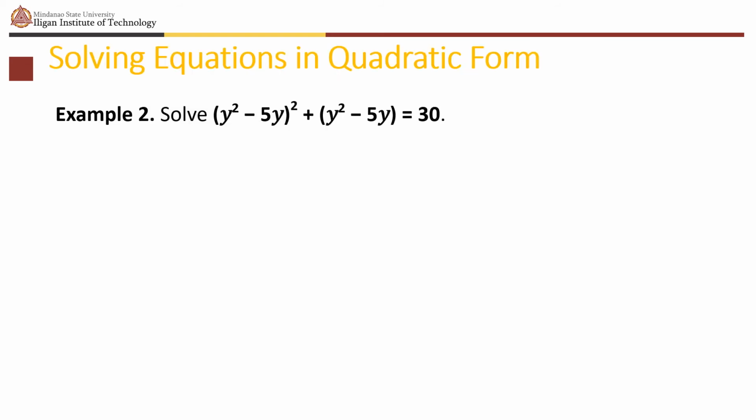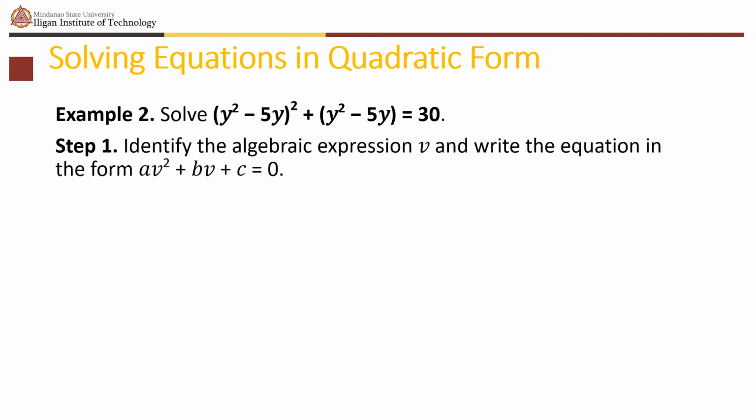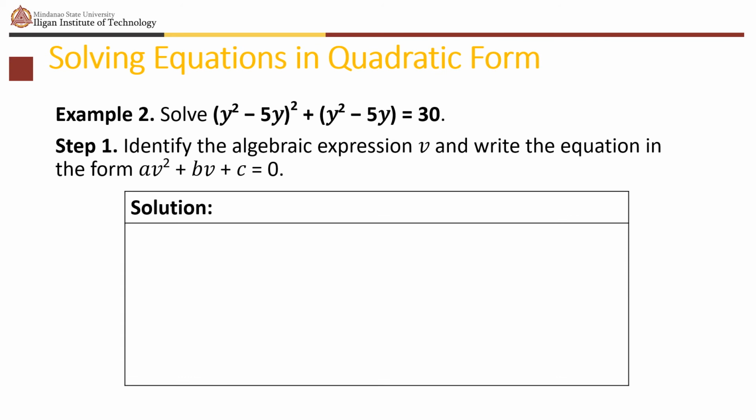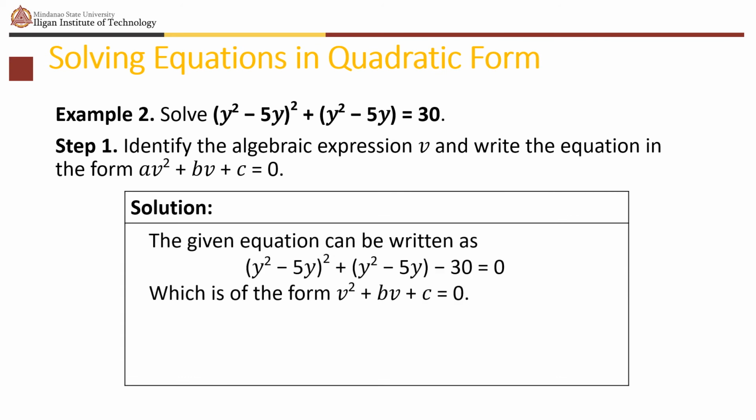Now to solve y squared minus 5y, the quantity squared, plus y squared minus 5y equal to 30, we have the following. Identify the algebraic expression v and write the equation in the form av squared plus bv plus c equal to 0. So for the solution, we have y squared minus 5y, the quantity squared, plus y squared minus 5y minus 30.